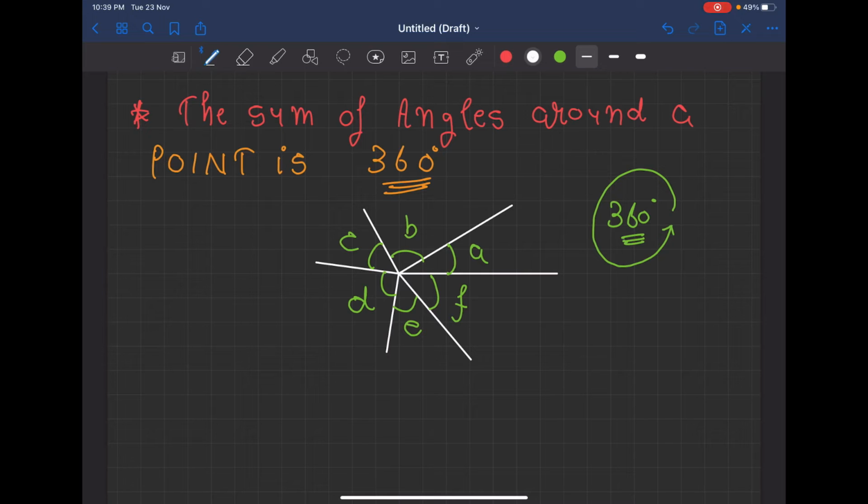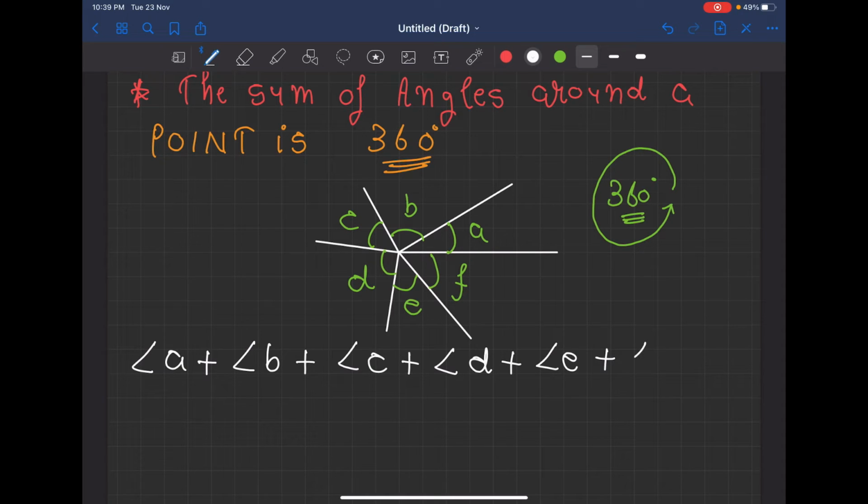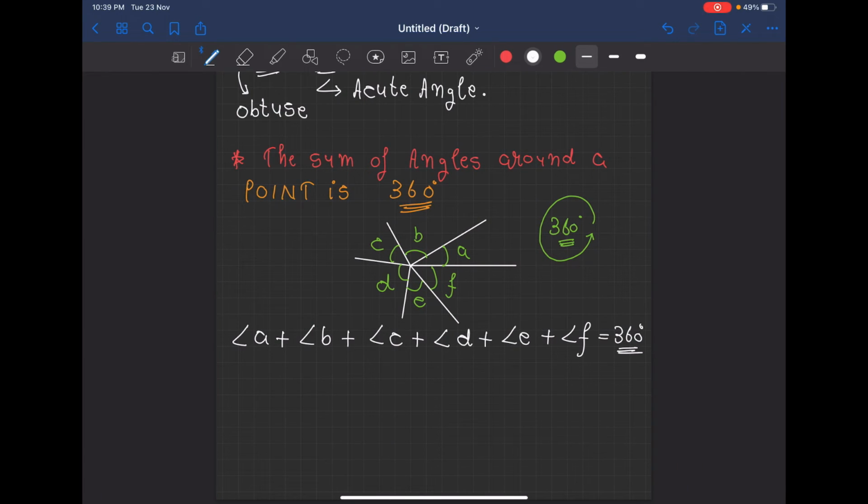So we can write that angle A plus angle B plus angle C plus angle D plus angle E plus angle F equals 360 degrees. You can have as many angles as possible. There is no objection in that. I showed this example just for the sake of explanation and simplicity.